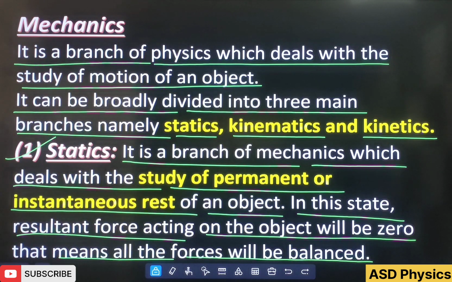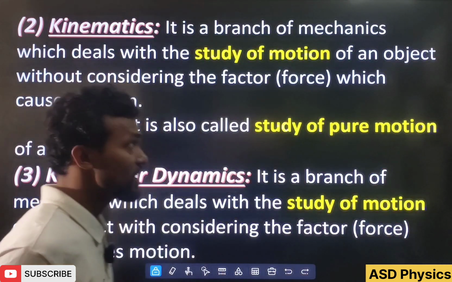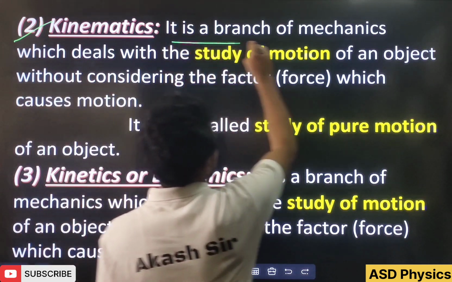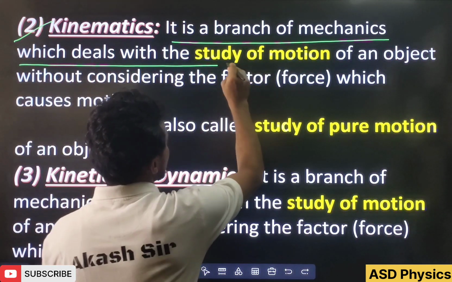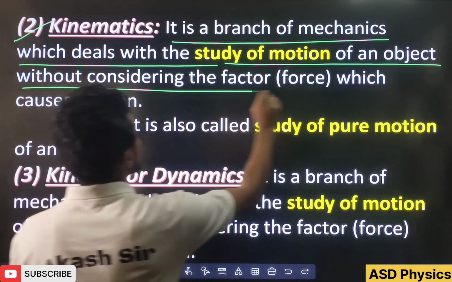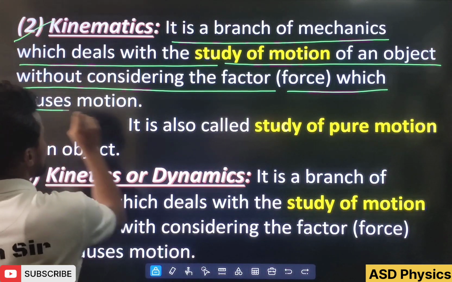Okay students, now we are going to see kinematics, which is the most important for straight line motion. It is a branch of mechanics which deals with the study of motion of an object without considering the factor, that means force, which causes motion.